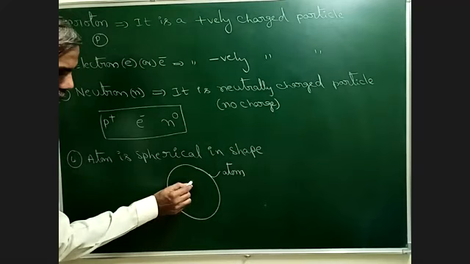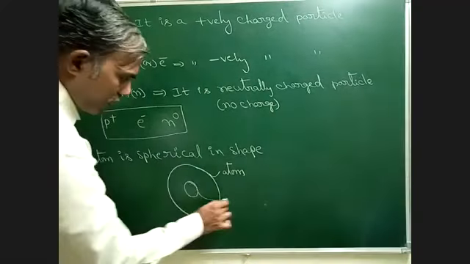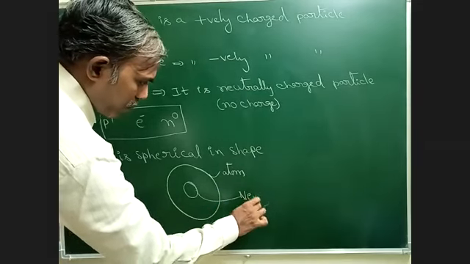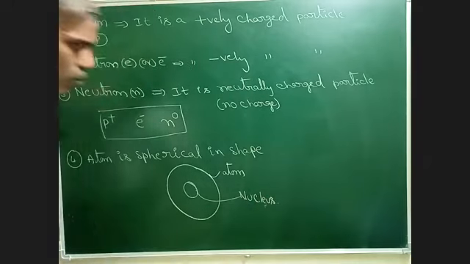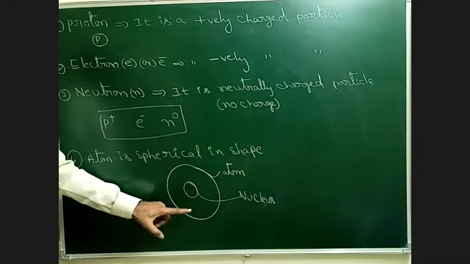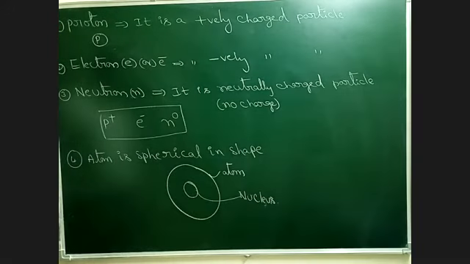And it has a central part. This is the central part, and this central part is known as the nucleus. The atom has a central part, that is the nucleus.